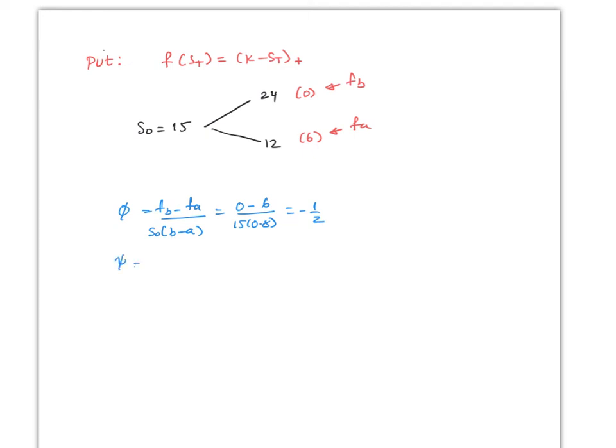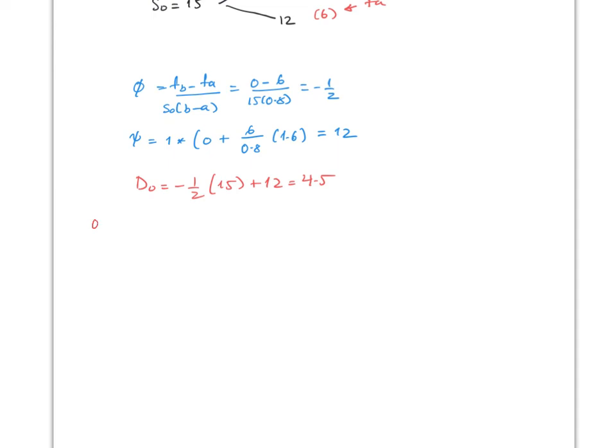And then psi is going to be equal to 1 times 0 plus 6 over 0.8 times 1.6, which is equal to 12. So therefore the price of the put is going to be minus 1/2 times 15 plus 12, which will be 4.5.